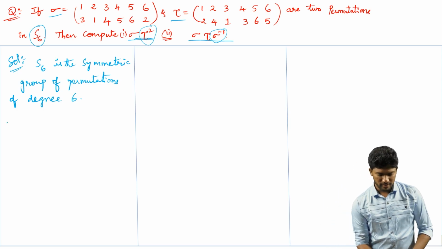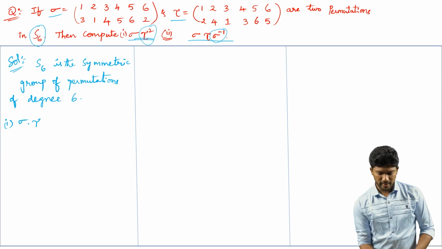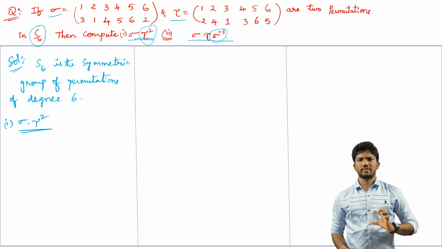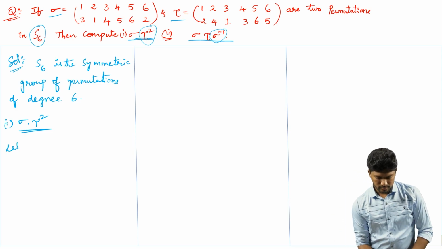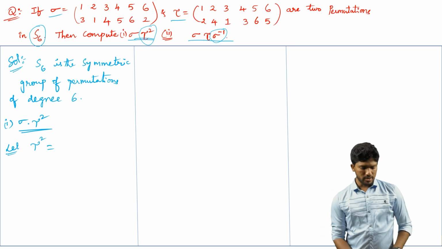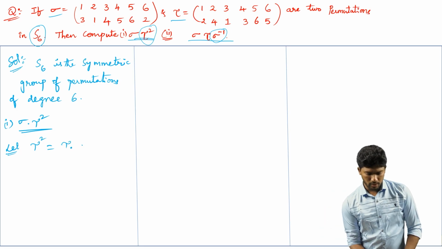Now first of all we solve sigma into tau square. To find this value, first of all we have to find out the tau square value. So let tau square be equal to tau into tau.